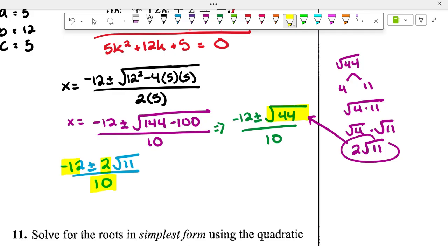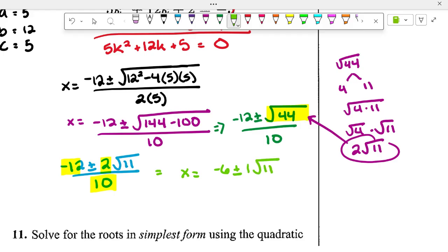So what common factor would go into negative 12, 2, and 10? 2. So I'm going to divide all of those by 2. So that means x equals, what's negative 12 divided by 2? Negative 6 plus or minus. What's 2 divided by 2? 1.